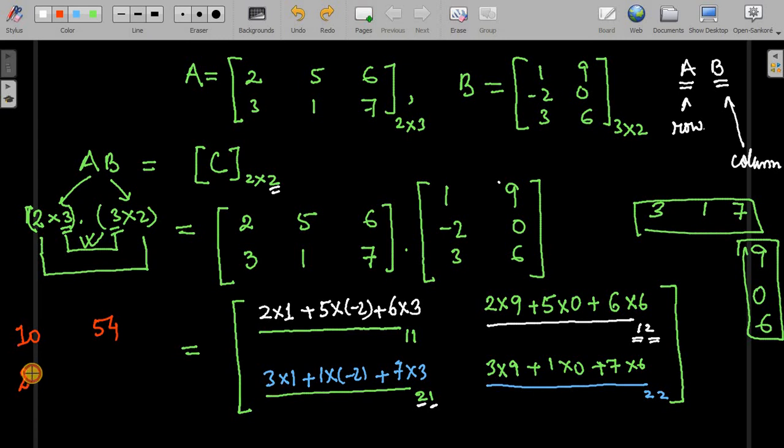Minus 2 is 22. And finally 3 times 9 is 27 plus 7 times 6 is 42, and this is 0. So 42 plus 27, it is 69. So this is the matrix which we have got after multiplying matrix A into matrix B.